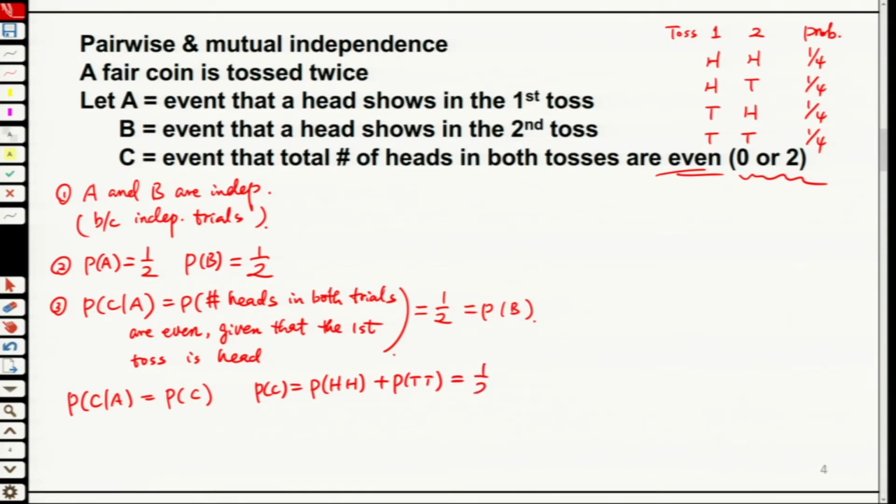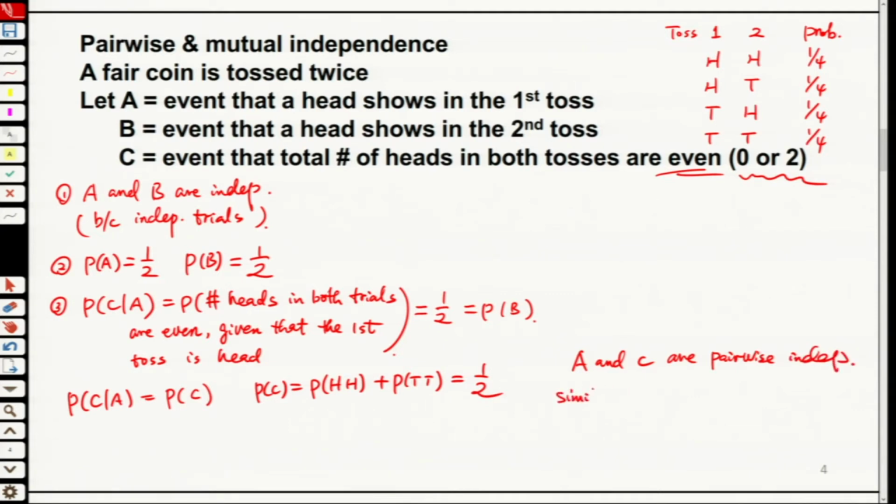This equals 1/2. Probability C is that the number of heads is even, so either it's head-head or tail-tail. Okay. So A and C are pairwise independent.